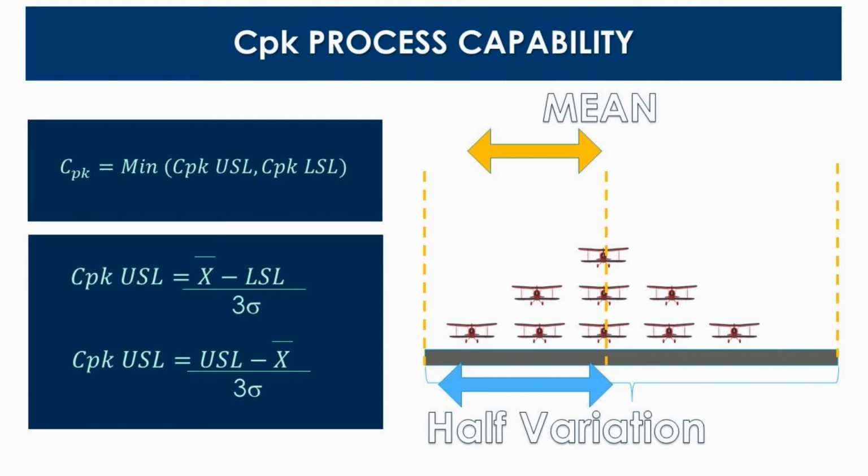That is the way that we do it, and we calculate that for the upper limit and for the lower limit, and then we select the one that is the minimum. Why? Because the probability of making an error, or making an out-of-spec product, is related to the closest spec limit, not to the one that is far away. That's why we select the minimum value from the upper and the lower spec limit calculation.